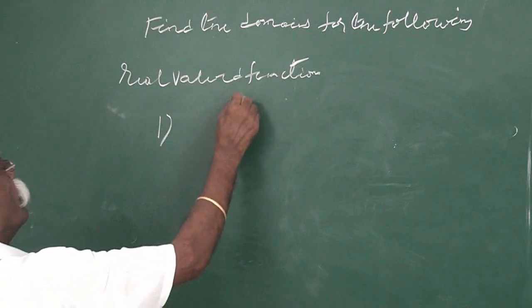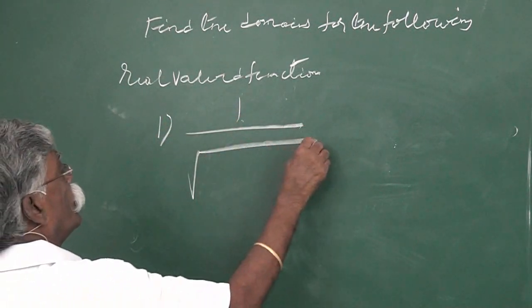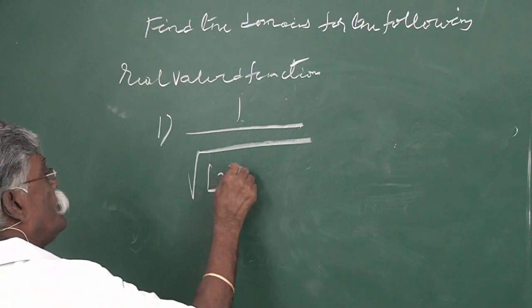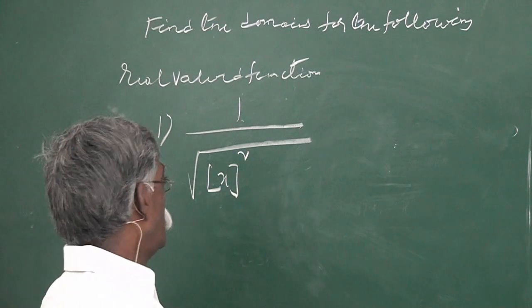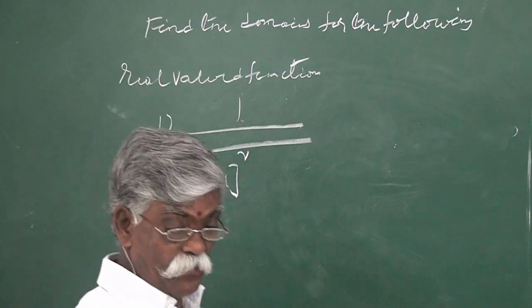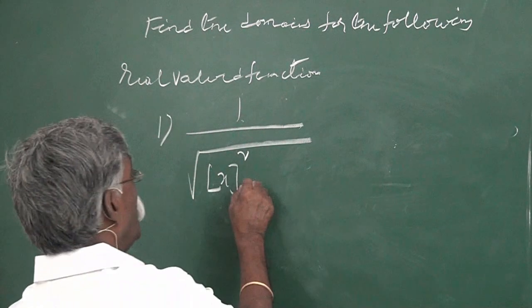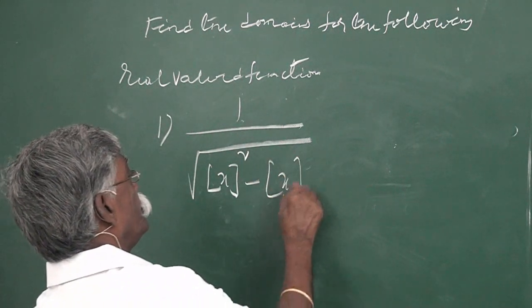Number 1: 1 by root over step x whole square, where step x is the greatest integer function, minus step x minus 2.